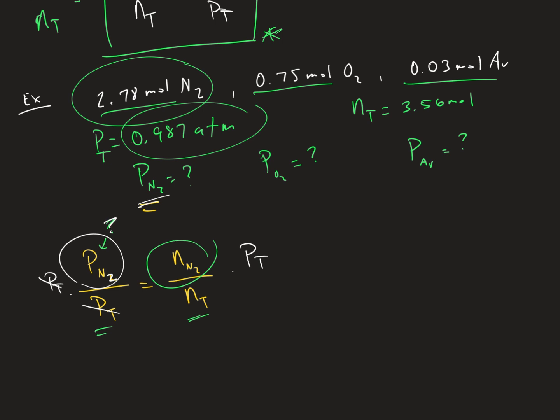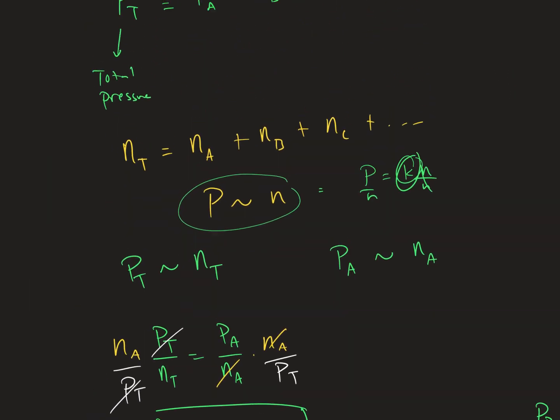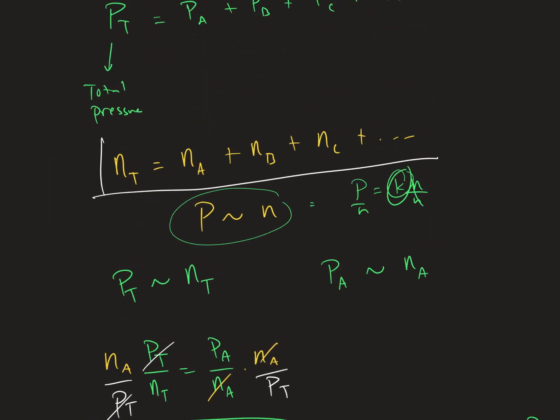NT, but you said 3.56. Oh, NT. Yeah. Do you know where we got that? We add this number of moles plus this number of moles plus this number of moles. So NT, just like we showed up here, the total number of moles is the sum of the number of moles of each gas. Does that make sense?